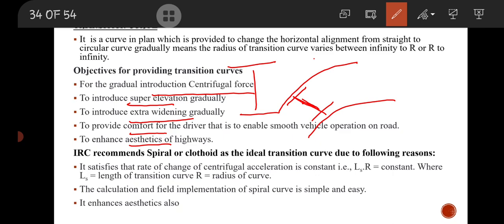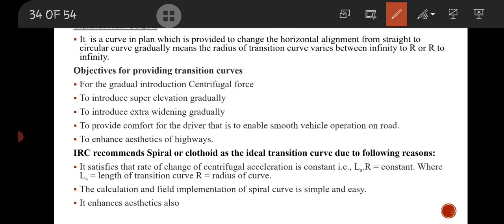So the IRC recommends that the transition curve should be a spiral or clothoid spiral as the ideal transition curve because it satisfies the rate of change of centrifugal acceleration, that is, length of transition curve times radius is constant. Also the calculation and field implementation of the spiral curve is simple and easy, and it enhances the aesthetic view as well.